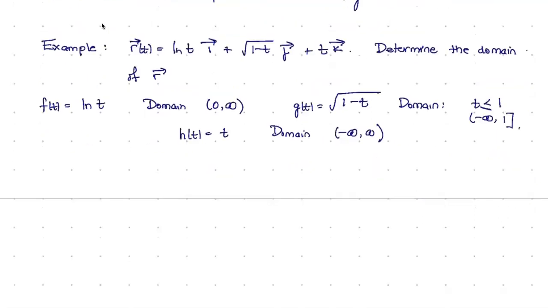If you need to, draw each of the domains on the same number line, so that for f, we know we're going between 0 and infinity. For g, we know we're going between 1 and negative infinity.